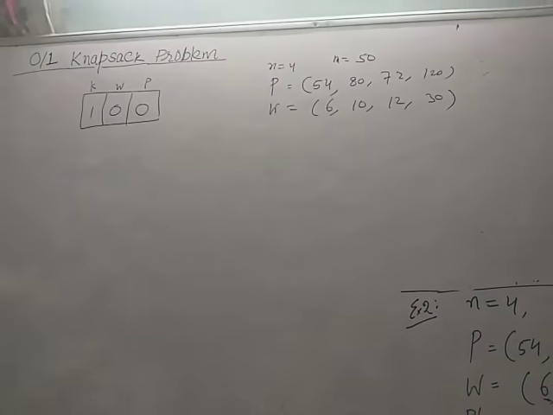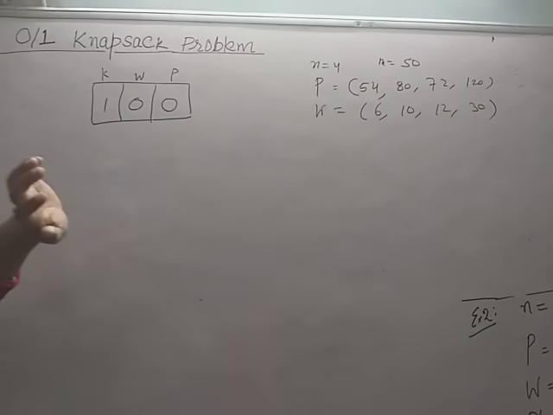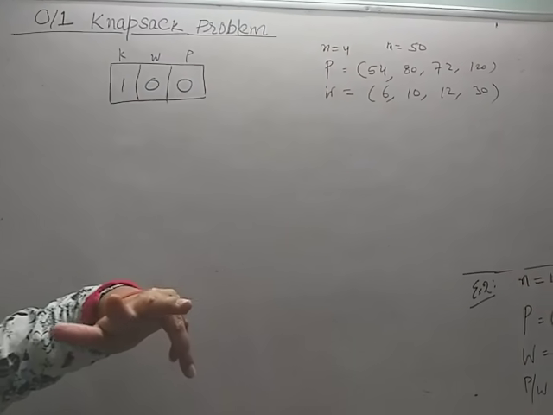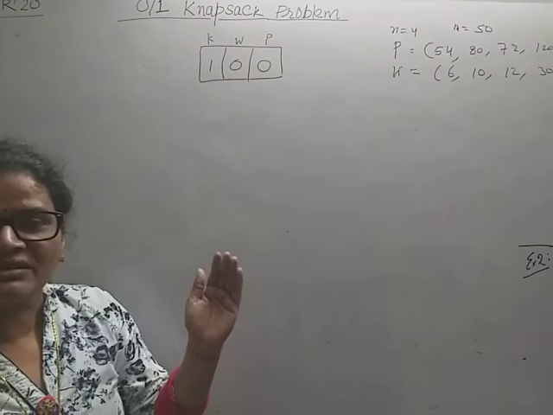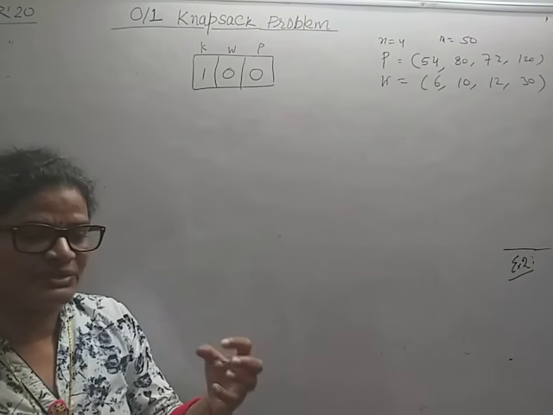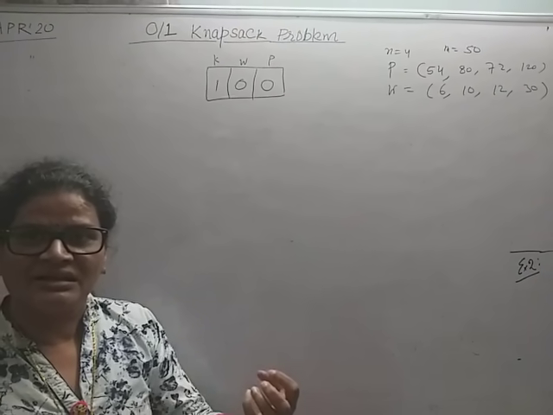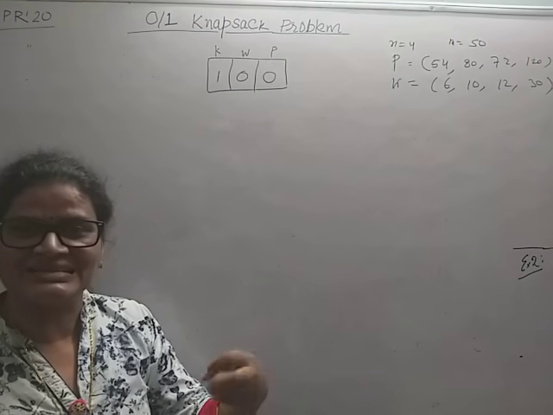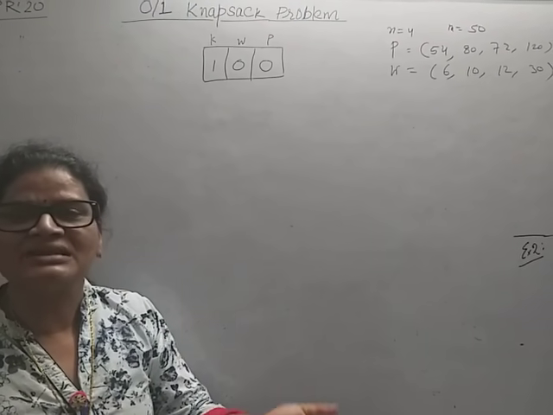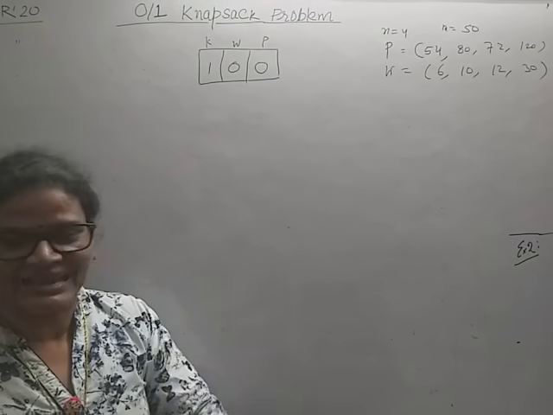For this state space tree, there are always two ways: whether the particular object is included. The left branch is when the kth object is included, and the right branch is when the kth object is excluded.